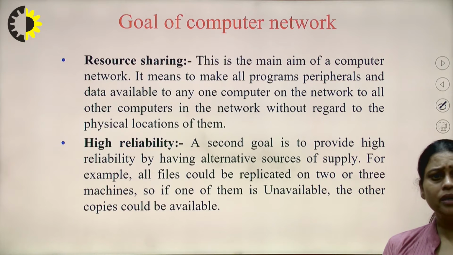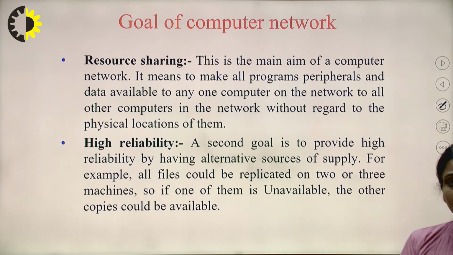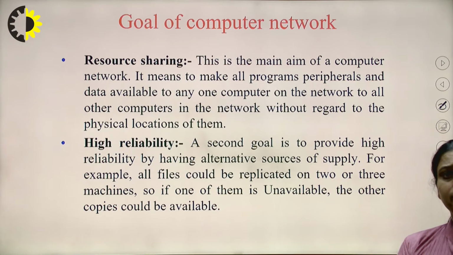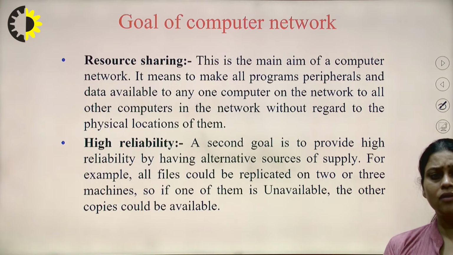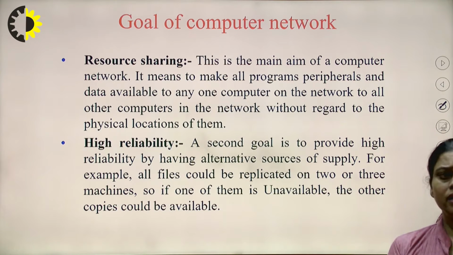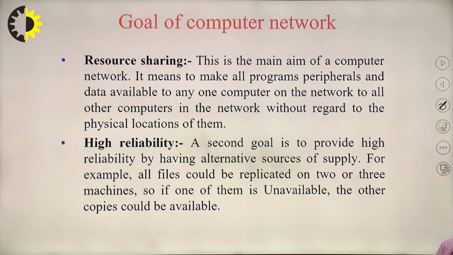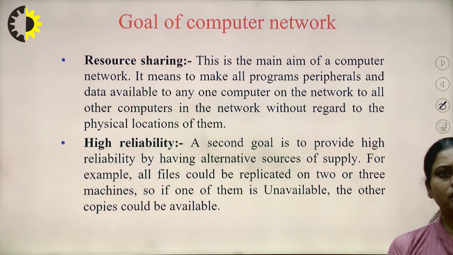High reliability means we can create a copy of our data in different locations. So if, under any condition, one site fails due to any reason, we can recover our information from another device or another network if we have created a copy of our data. So it is a major goal for using a computer network.